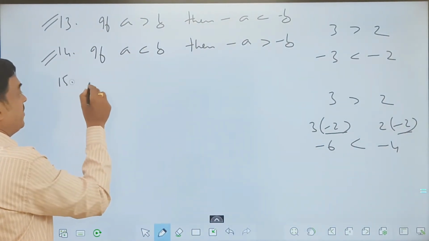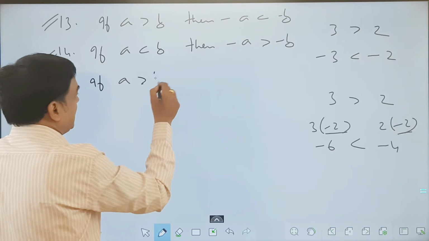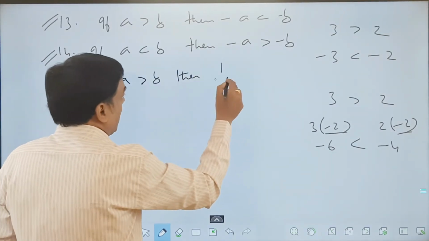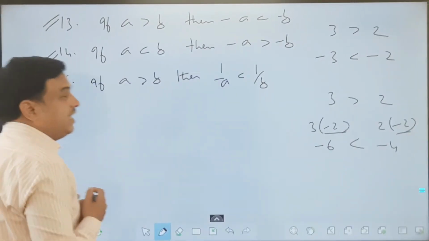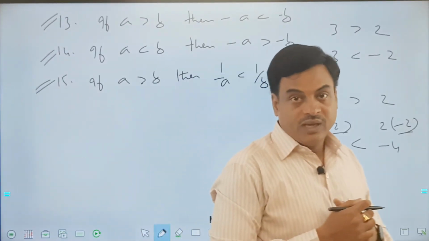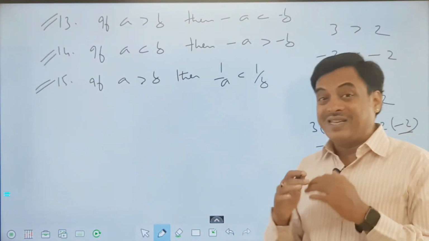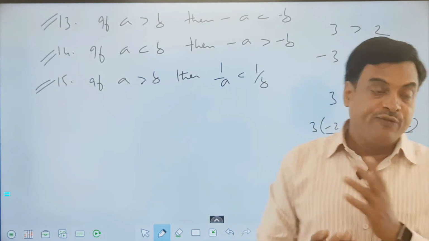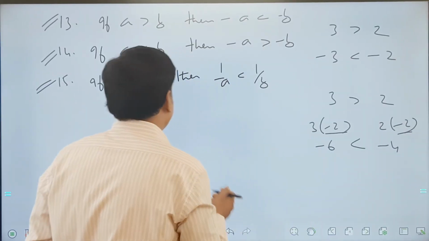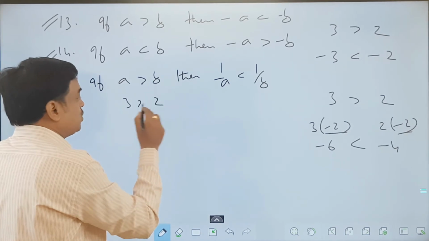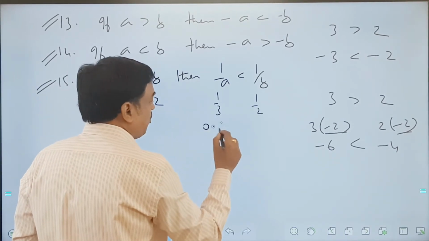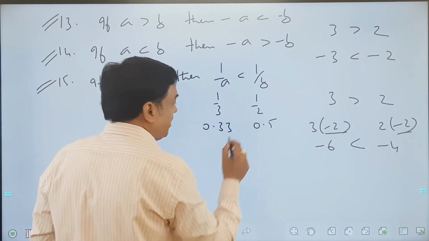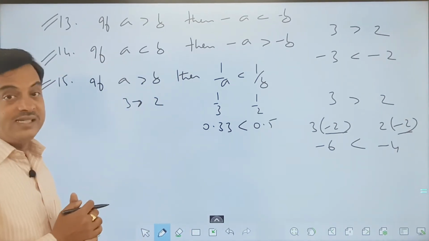The point number 15, friends. If you have A greater than B, then 1 by A will be less than 1 by B. This is where again the inequality is changing. The inequality will change when you take the reciprocal. For example, 3 is greater than 2, and 1 by 3 and 1 by 2, this is 0.33, this is 0.5, so 0.33 is less than 0.5.